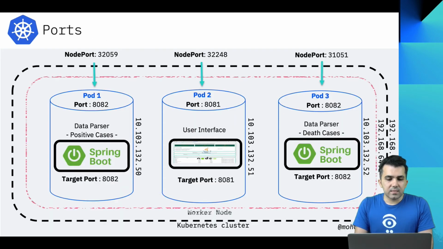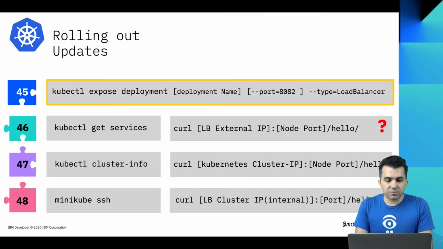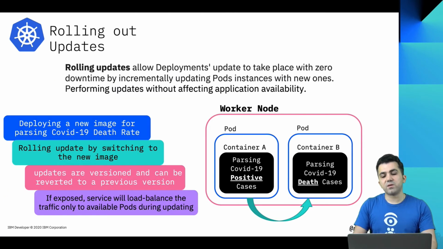Let's go ahead. We exposed our application and we tried everything. Now if you want to roll out updates, rolling out updates allows deployment updates to take place with zero downtime.